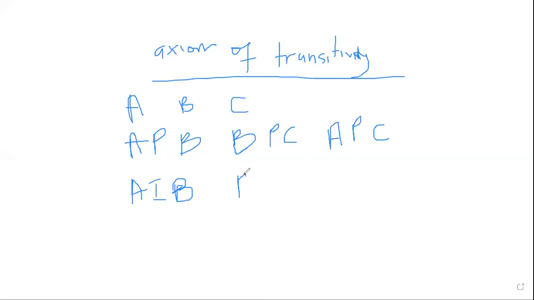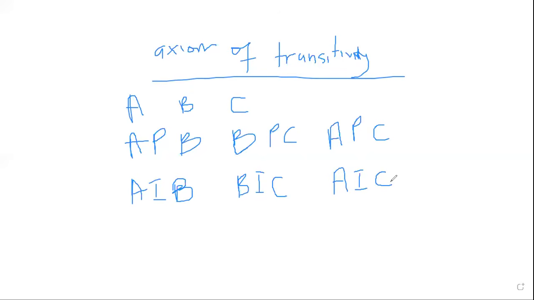And you also say that you are indifferent between B and C, then if you are faced with a choice between A and C, you should also say you are indifferent between A and C. So they will all give you the same level of satisfaction. Okay. Now this axiom is violated when two indifference curves intersect.